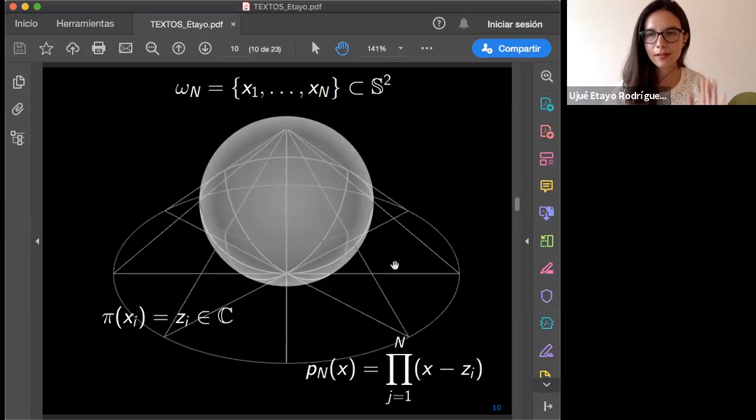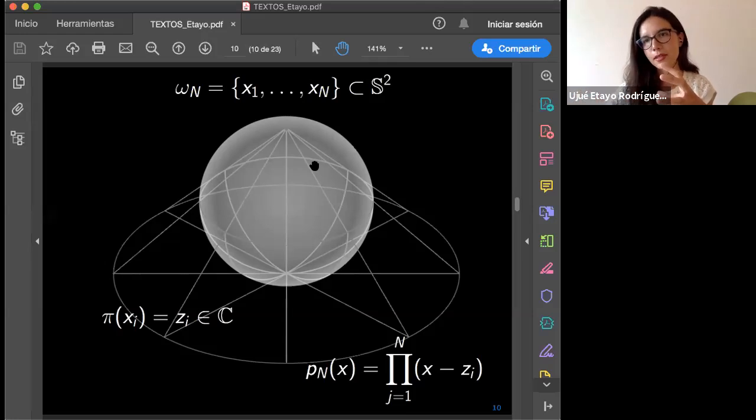We are still, well, with omega n a set of points on the sphere of dimension 2. But whenever we have a set of points on the sphere of dimension 2, we can project them into the complex plane using the stereographic projection. Right? For those of you that don't remember that, we take a point on a sphere, then we draw the line passing through the North Pole and my point, and this line cuts the complex plane at just one point.